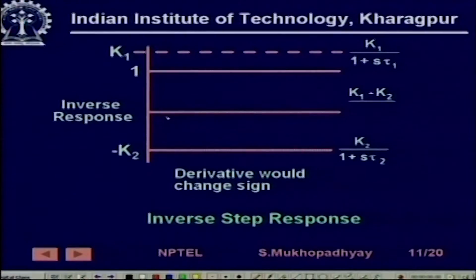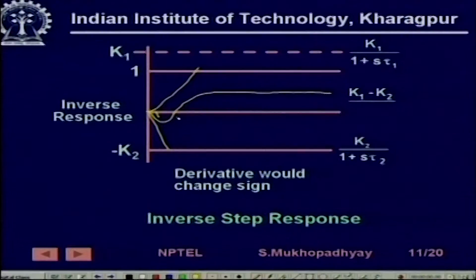The response due to the k2 block will start along this way, and the response due to the k1 block will start along this way with this slope. So, the net result will be that the overall response will initially start going negative, and then it will change sign, and then it will settle at a level which is given by k1 minus k2.